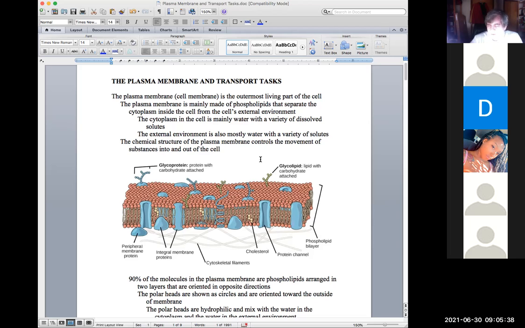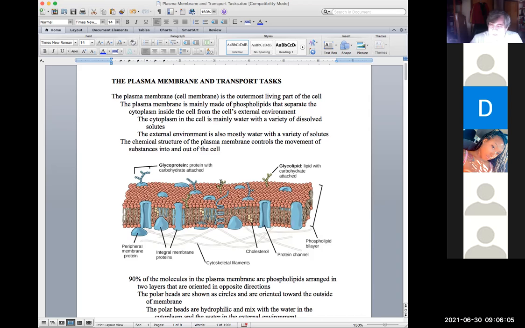The chemistry of your cells, the types of molecules that we find there, are very different than the molecules that we find outside your cells. And it's crucial that we maintain that difference. Usually when the chemistry of the inside of the cells becomes the same as the chemistry on the outside of the cell, that's because the plasma membrane has been ruptured and the cell is dead. So we want to keep that in mind.